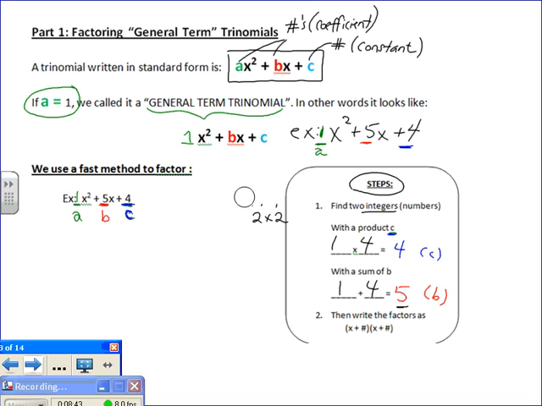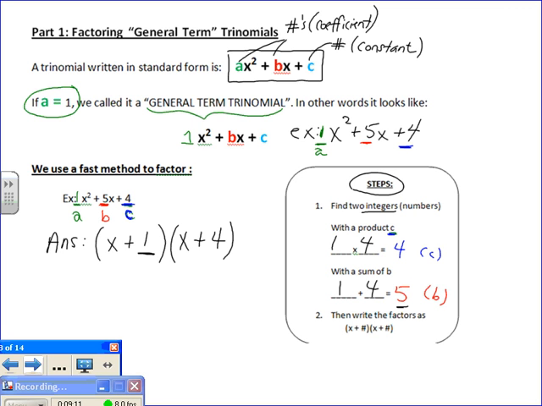So what I'm going to do is write my answer. This is a fast method because it's a bit of a shortcut. I'm going to write it like this. The factors are going to be x plus one of those terms, so x plus 1, times x plus the other term, x plus 4.